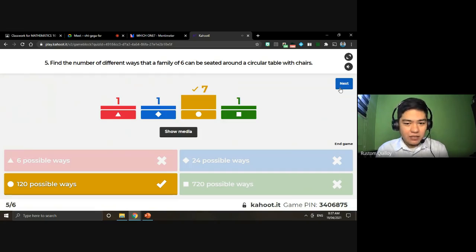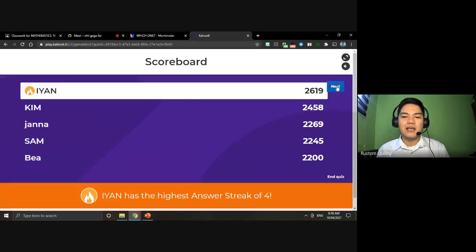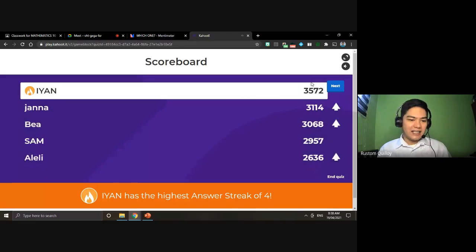Okay, correct answer is 120 possible ways. So, di ba po sa circular permutation, we just look for the value of n minus 1 factorial. In this case, we have 6. So, 6 minus 1, that is 5. So, 5 factorial is 120 possible ways. And last question, leading natin ay si Ayan.